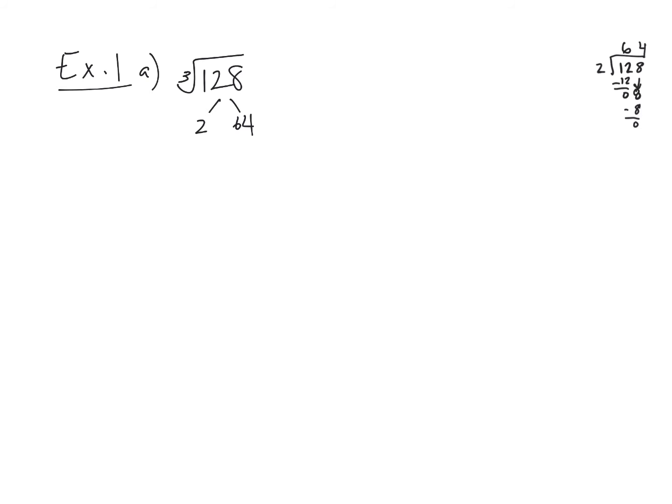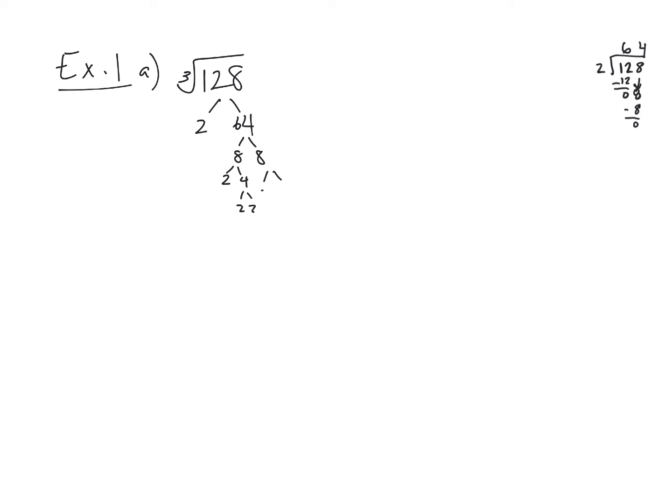And then 64 is 8 times 8. Now I can't circle the pair of 8s because I actually need a group of 3 in order to pull something out. So I can't circle anything there. My 8 can be 4 times 2. And then my 4 would be 2 times 2.